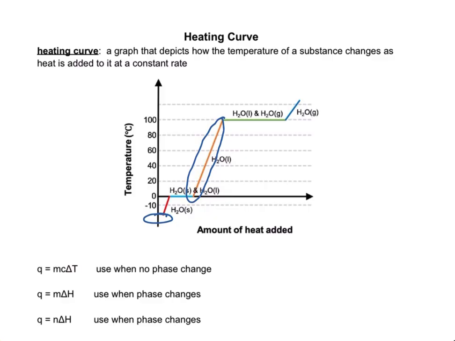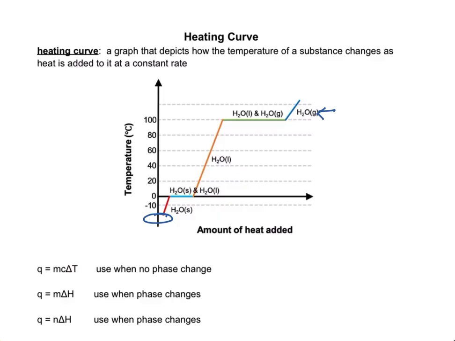So at 100 degrees Celsius, our liquid starts to boil or get converted to gas. So in this region, we have liquid and gas. Now, we're going to keep adding energy. It's going to stay constant for a while till all of the liquid gets changed to gas. Then in this region, we have our H2O gas.